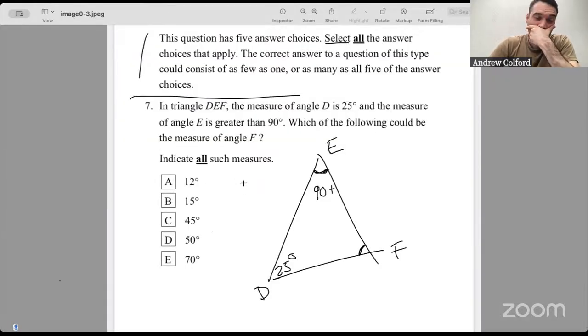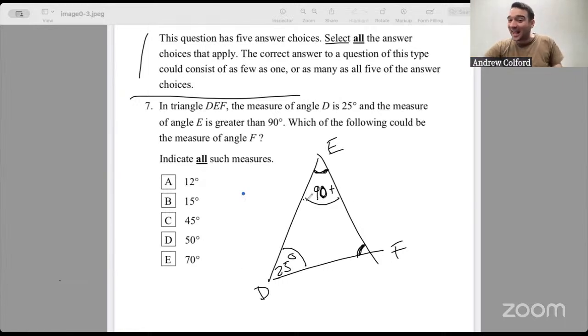For this one, it comes down to the rule that we were doing with RH a little while ago, which is that the sum of angles in a triangle has to be 180 degrees. When I say this is 90 plus, it could be 91, 92, 93, it could be 90.0001. Let's go back to what we were talking about in class about setting limits.